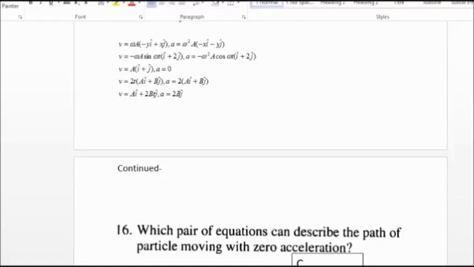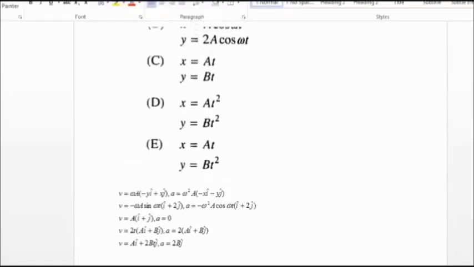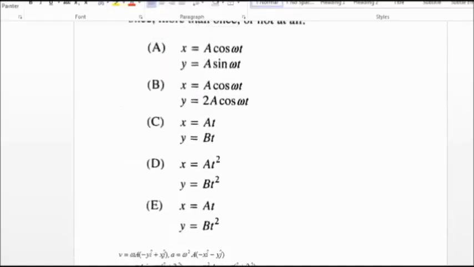Which pair of equations can describe the path of a particle moving with zero acceleration? Zero acceleration means the second derivative of x and y is zero, because x gives the x coordinate of the moving object and y is the y coordinate. dx by dt is the velocity in the x direction, dy by dt is the velocity in the y direction, whereas the second derivative gives the acceleration.